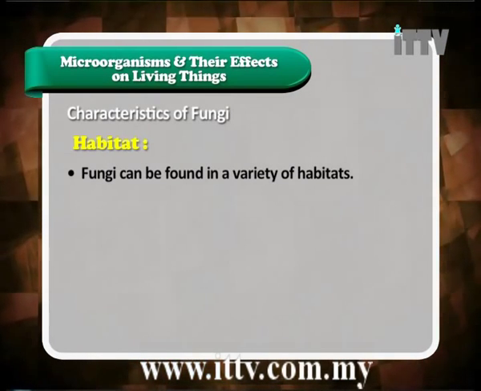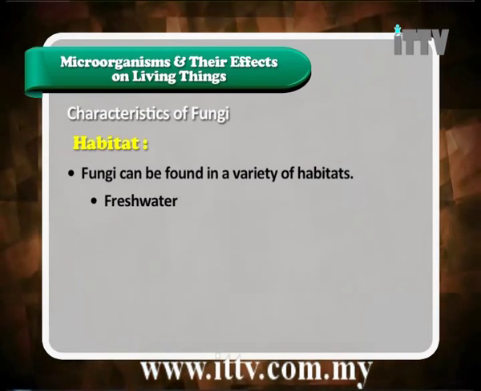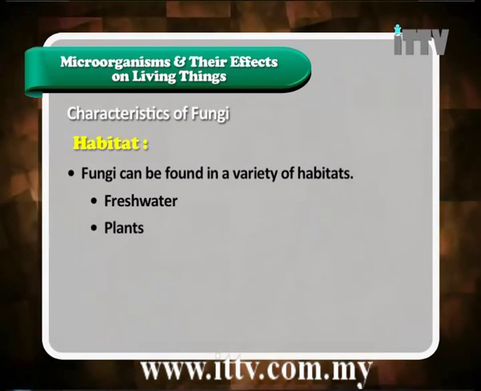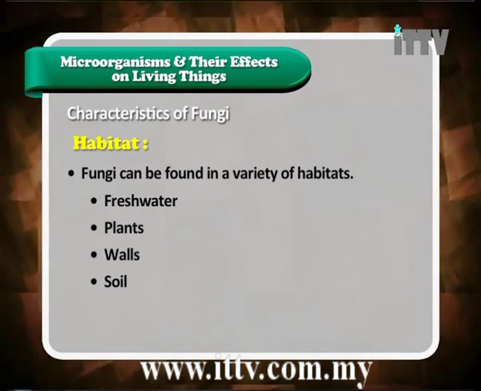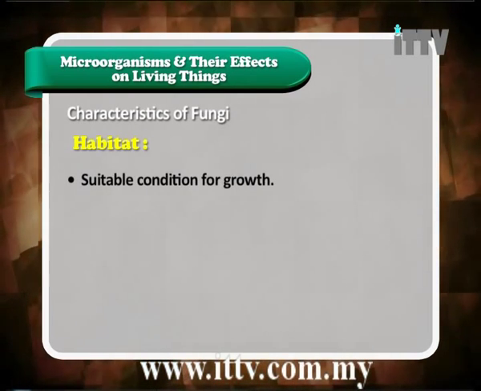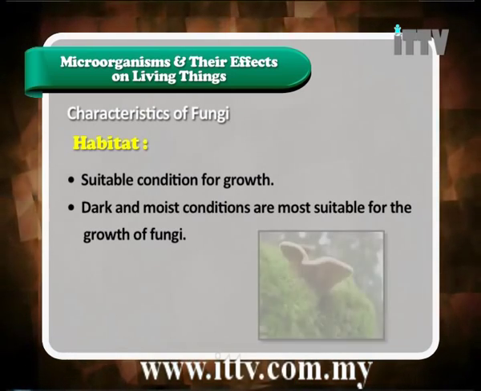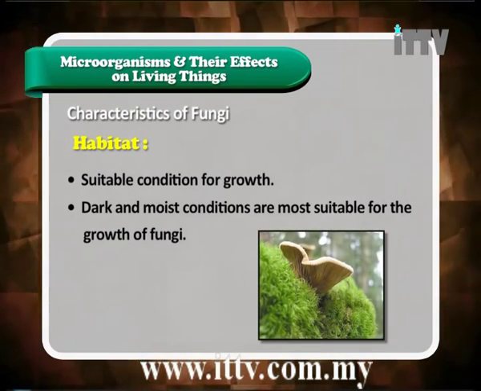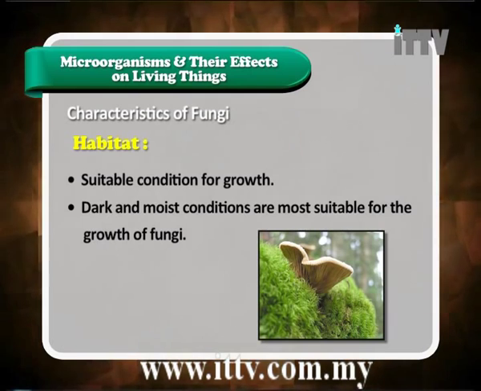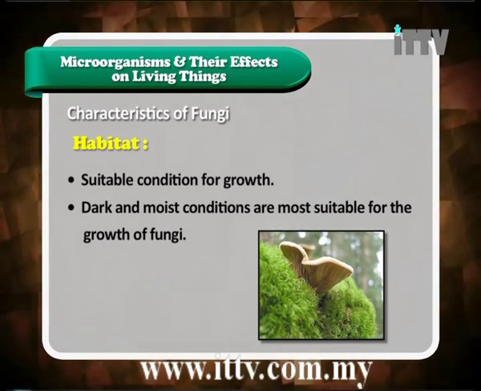Fungi can be found in a variety of habitats: fresh water, plants, walls, soil, seawater, and the human body. Dark and moist conditions are most suitable for the growth of fungi. So therefore, fungi grow in dark and moist conditions.